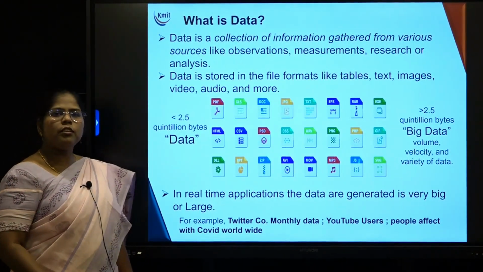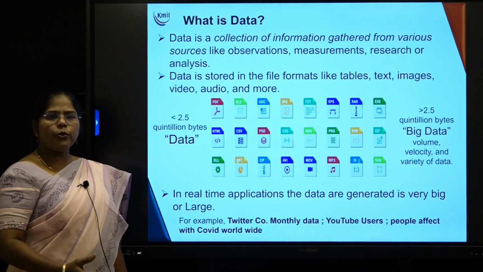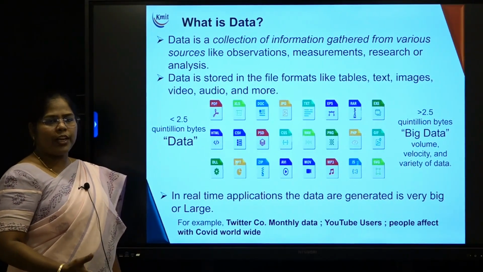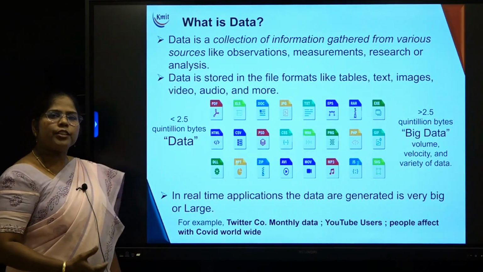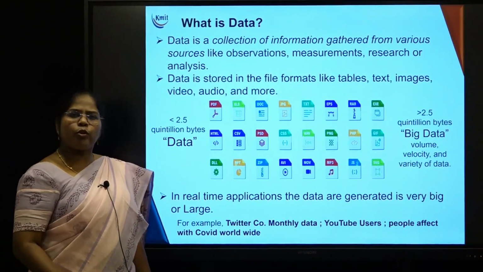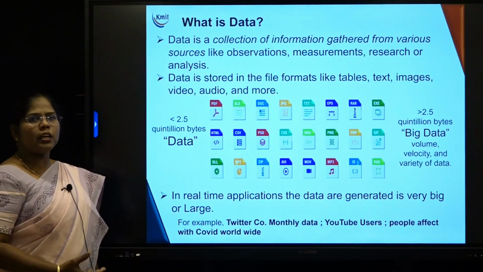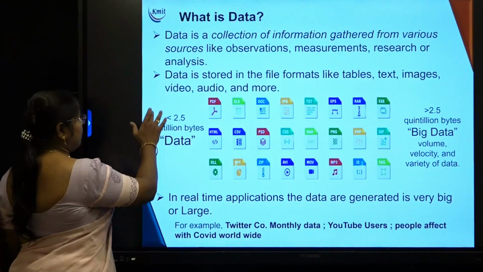If you see YouTubers' data, there is a lot of data. If you see people affected with COVID, it has a lot of data. That's why data can be simple data and data can be big data.